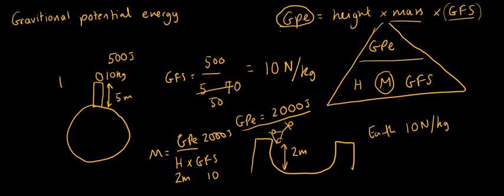So 2 times 10 gives me 20, and then I will have 2000 divided by 20, which is going to give me an answer of 100 kilograms. So the skater is going to be, including the skateboard, 100 kilograms in mass.